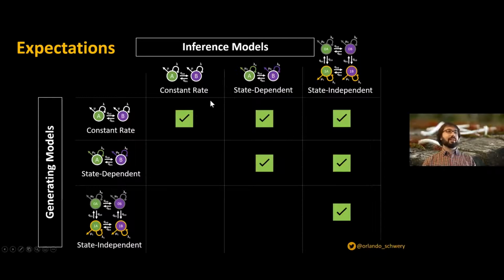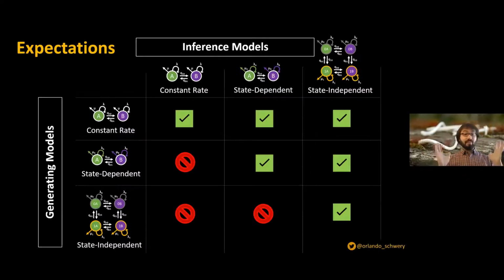So we would expect that the more complex models will also be able to adequately depict the trees made under the simpler models. And finally, we'll expect the opposite as well, where the trees that are based on a more complex process cannot be adequately depicted by a too simple model.